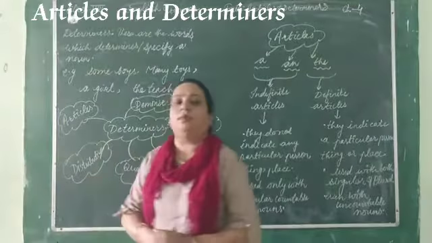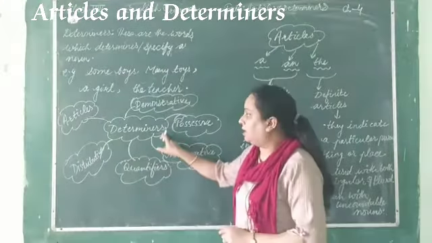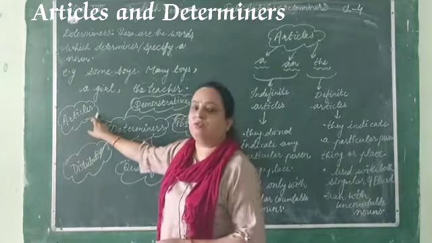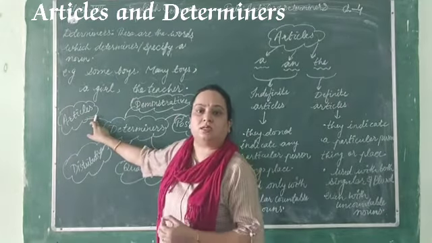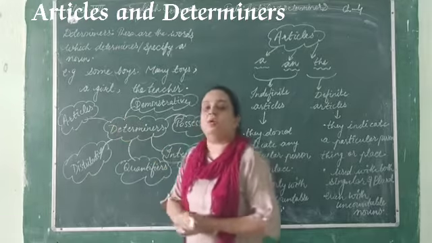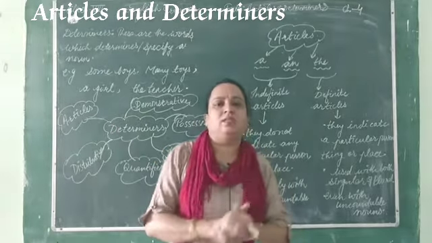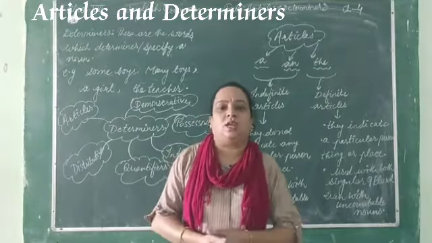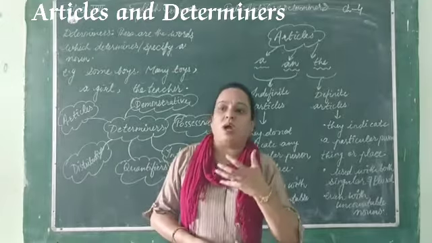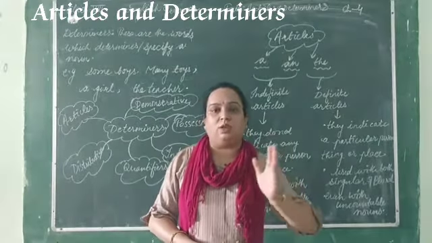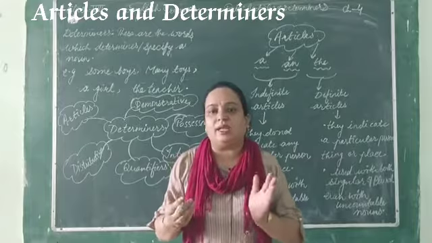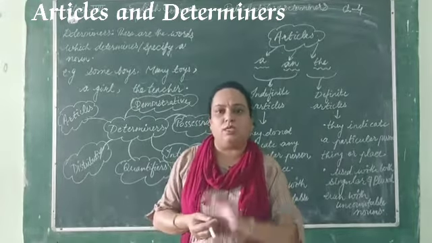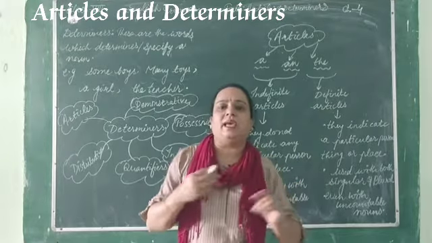So if we talk about the kinds of determiners, number one, we have to do articles, that is article determiners, right? We have had this chapter since our first class, we can say. So articles we have done there also, and we learnt about a, an and the. That seems very easy to us, that we only have to place a, an and the.